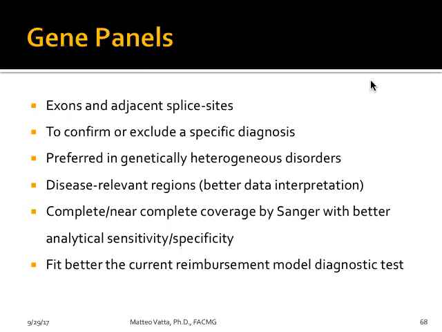The advantage of having gene panels is that with a smaller target, you can have a much higher average coverage. Much higher average coverage means a much higher quality for each data point, which means better quality overall and better detection of all the possible changes that occur in the targeted region.